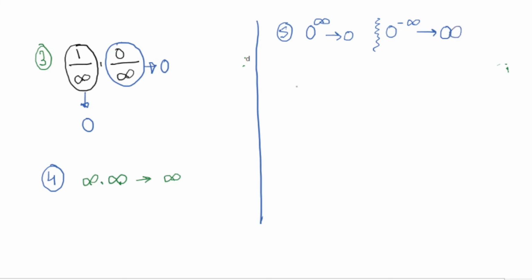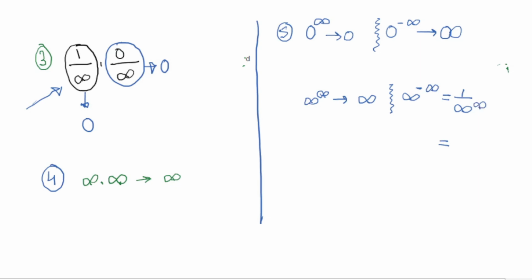Another property is infinite power infinite, which means it is going to be infinite. And another thing we can remember: minus infinity, we can write it as 1 upon infinite, which is basically 0.